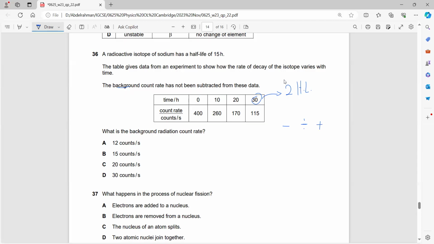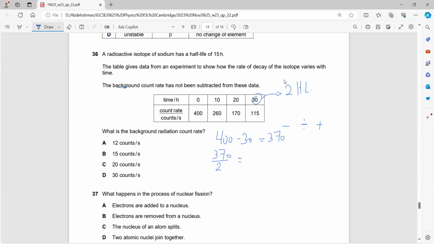But the problem is you do not know what the value is that you should subtract. What should I subtract? Let's just try them out. Let's start with 30, for example. So 400 minus 30 is 370. Let's divide by 2 two times.